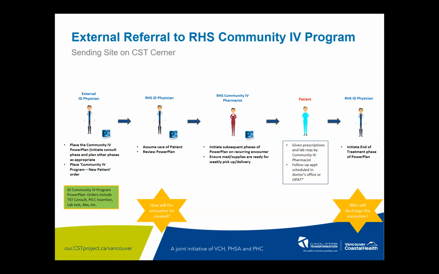So for example, if there is a patient admitted at VGH on home IV and they want to send them to Richmond home IV, then the VGH ID pharmacist will fax the referral to my office. I see, and that includes the orders, right? That includes the orders, but I don't know whether the ID pharmacist also faxes something to our pharmacy. Maybe Steve, you can comment.